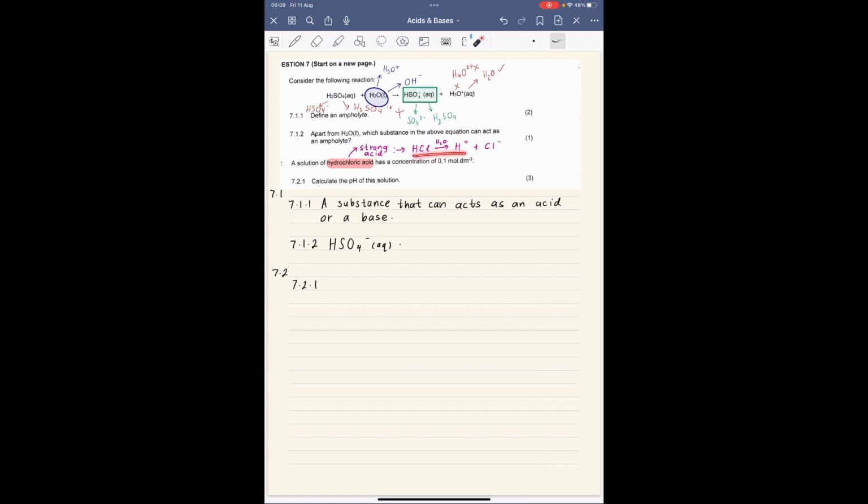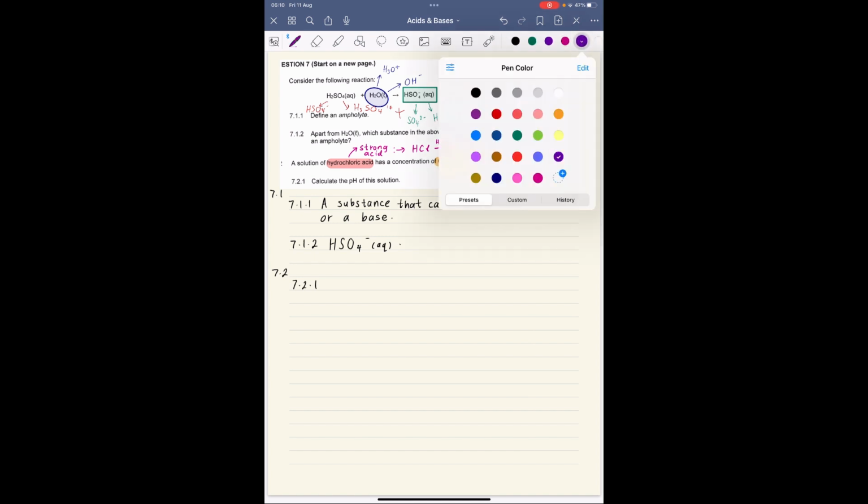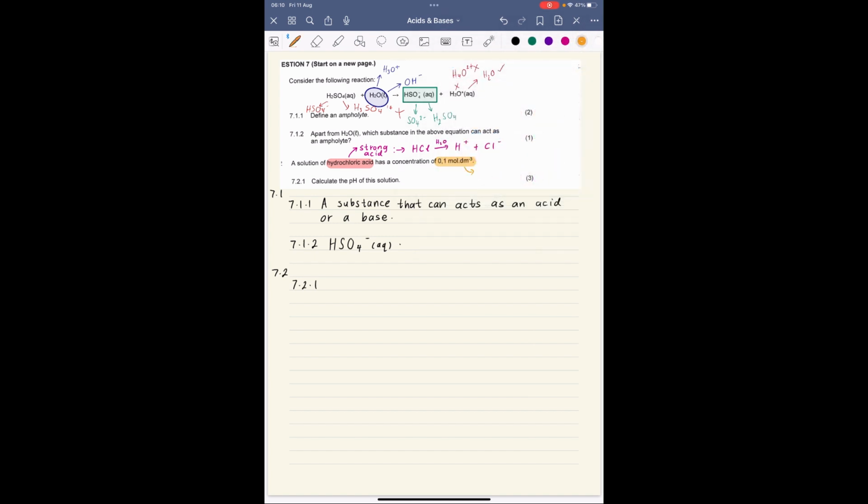Now this here is what we're going to use to be able to get the pH of our solution. How are we going to do that? We understand that when an acid or base dissociates in solution, we can use this concentration and this concept of concentration ratio.